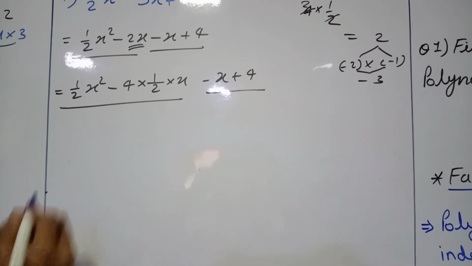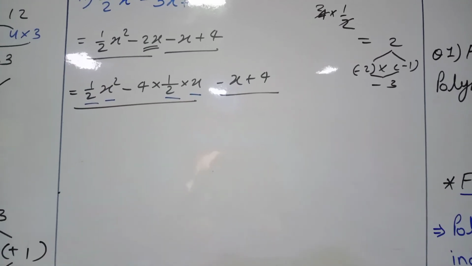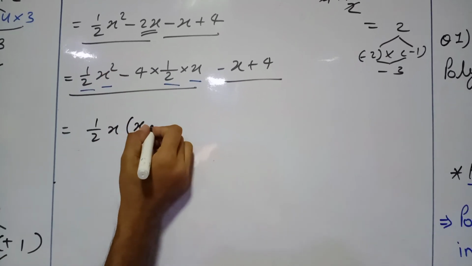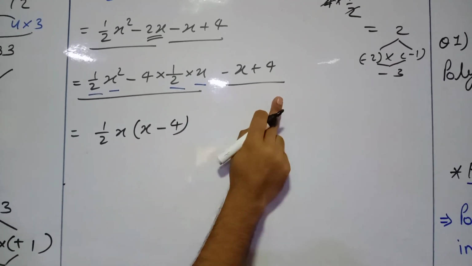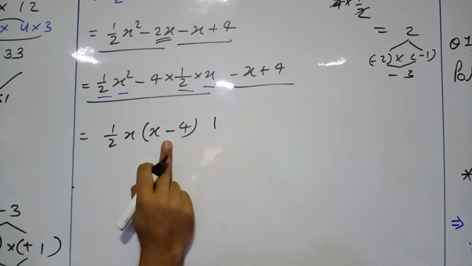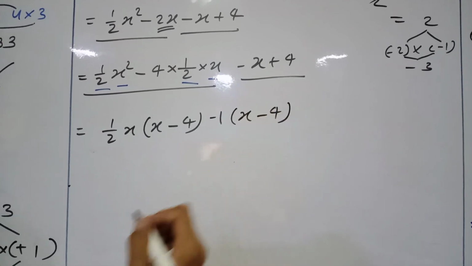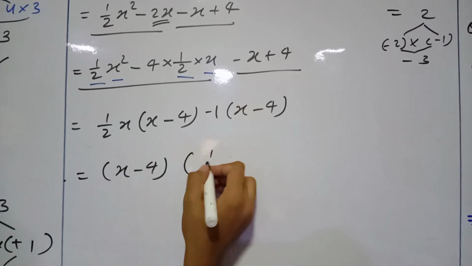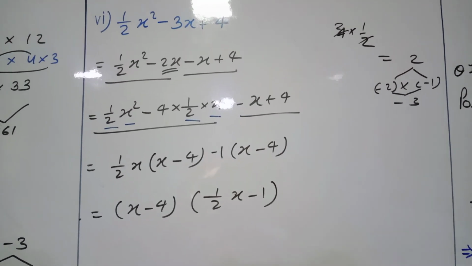Take the common 1 upon 2 x, and 1 x remains, so x minus 4. In the second pair nothing is common, that means 1, and because we have minus, minus 1 in the bracket x minus 4. In the next line, x minus 4 in one bracket and 1 upon 2 x minus 1 in the second bracket.